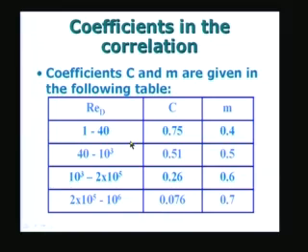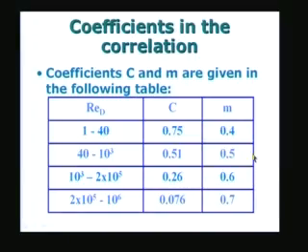We have essentially laminar flow for very low velocities or very low Reynolds number, and as the Reynolds number increases, the flow goes towards turbulent flow, and there are variations from laminar flow to turbulent flow through a series of steps like this. So, the reason why we have different values of C and m is because the regime is changing slowly from laminar flow to fully turbulent flow, and that is represented by this kind of data.